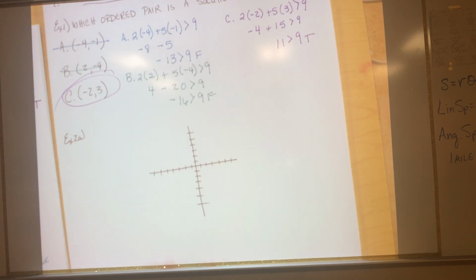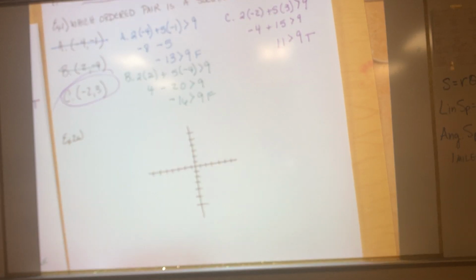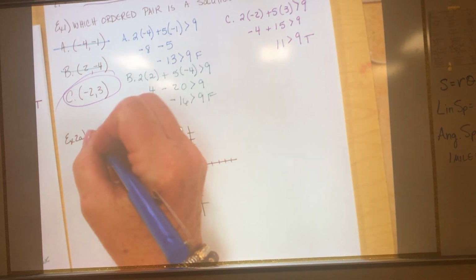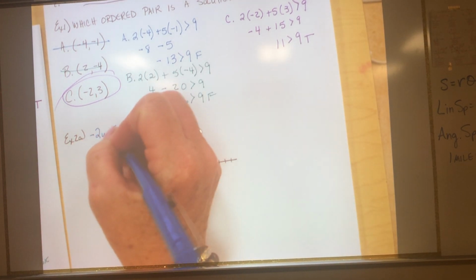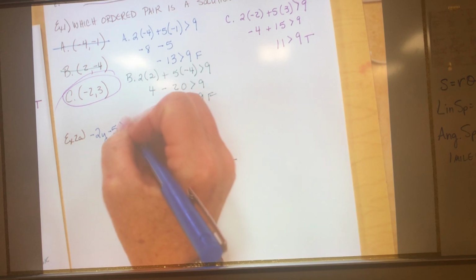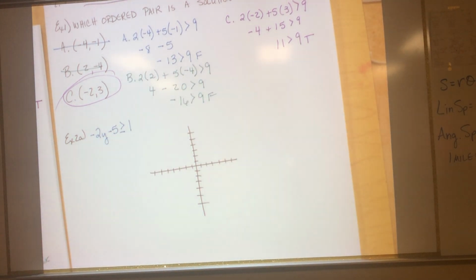Alright, so here's the first one. This is 2A. Negative 2y minus 5 greater than or equal to 1. If I'm gonna graph this, what do I have to do first? You need to add 5. Yeah, solve for y. So I want you to solve for y. Okay? I want you to solve for y.